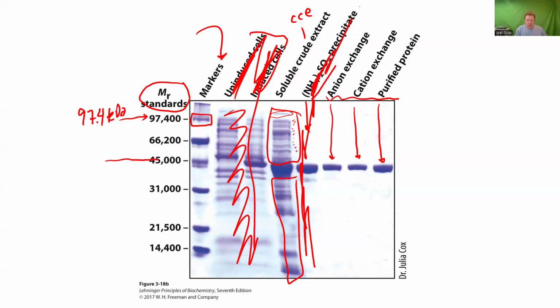This one right here is about 45 kDa. This one right here is 31 kilodaltons. Could anyone tell me, based on where our protein of interest migrates, approximately how large is this protein in terms of kilodaltons?